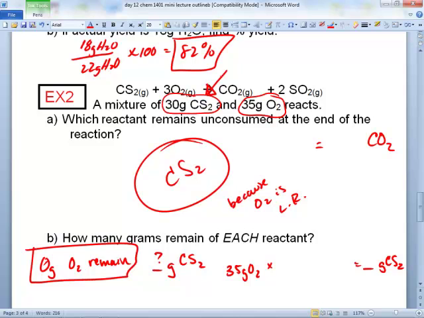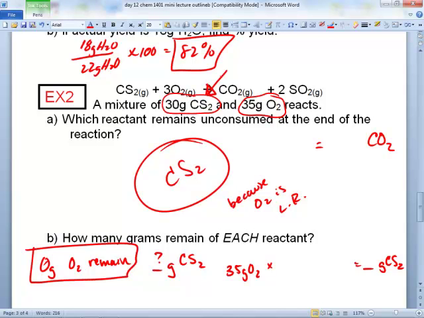You can get 27, 25, I'm not sure. But that'll be the grams of CS2 that reacted, because 35 grams of O2 reacted. So just subtract whatever you get from the 30, right? Whatever you get here, subtract it from 30, and that'll be the stuff that remains.